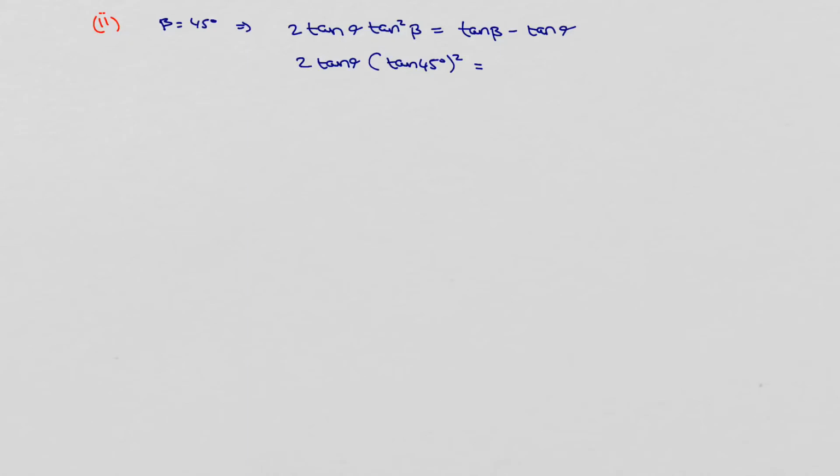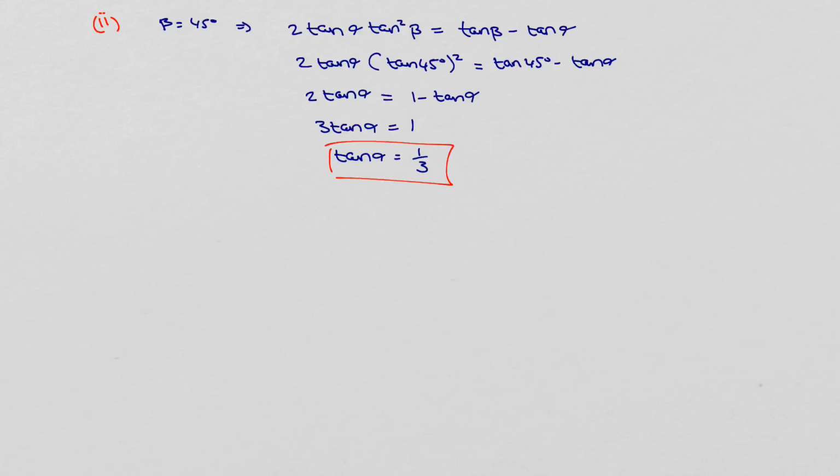Tan squared is tan of the angle all squared, and then tan beta, so again tan 45, minus tan alpha, and we love tan 45 because of course that is 1, which leaves me with 2 tan alpha is equal to 1 minus tan alpha, and therefore we have 3 tan alpha equals 1 and therefore tan alpha equals a third. So it doesn't say find alpha, it says find tan alpha. So therefore that is the end of the question.